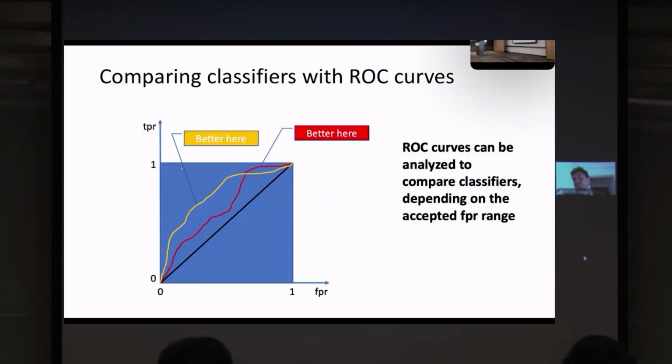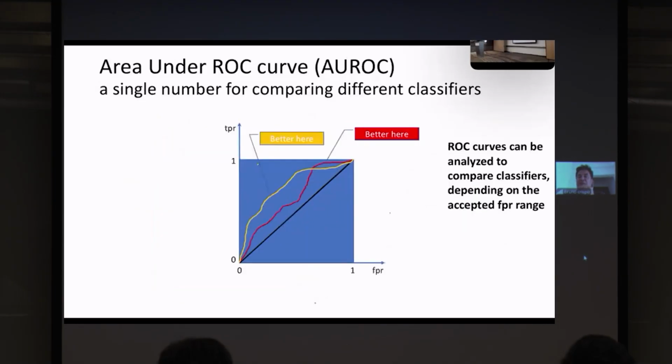And actually, you can even distill the comparison to a single value if you use the area under the curve, where you calculate the area under the curve, and you get a single value that can compare the performance across the different thresholds of the entire classifier with respect to other classifiers.